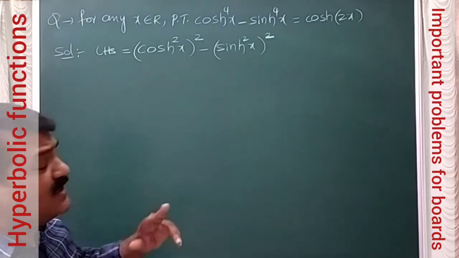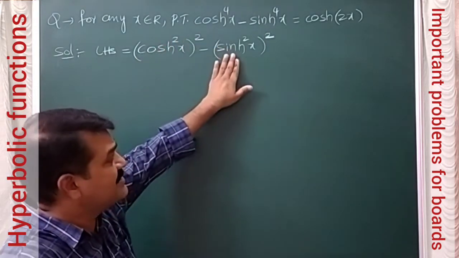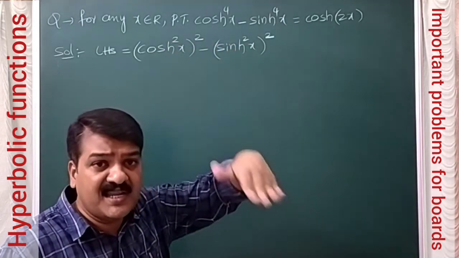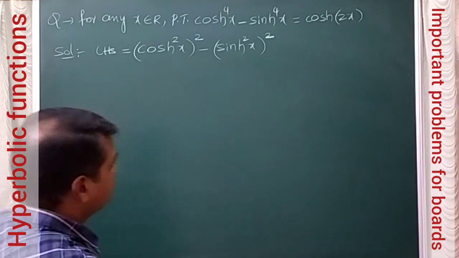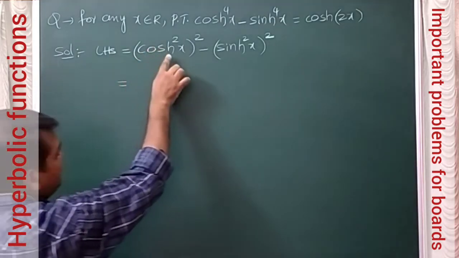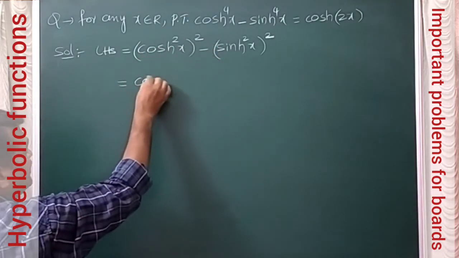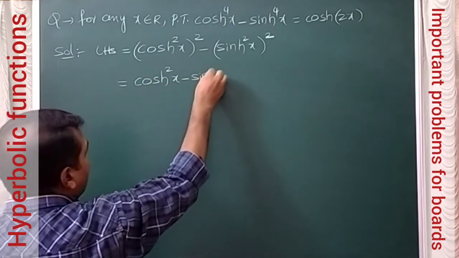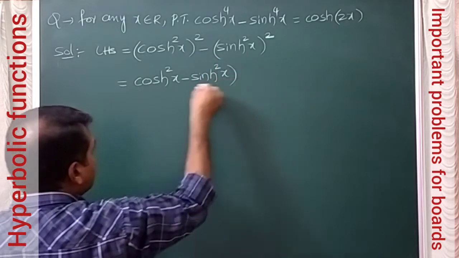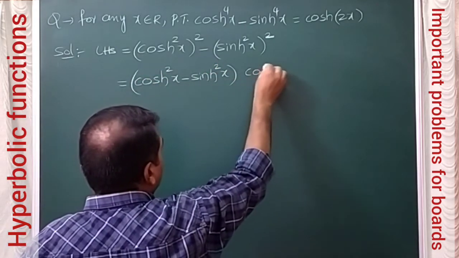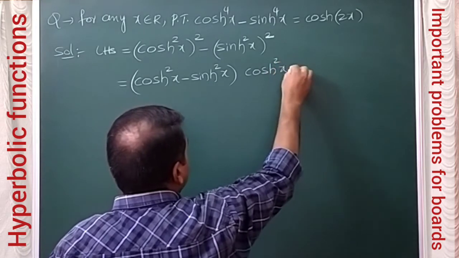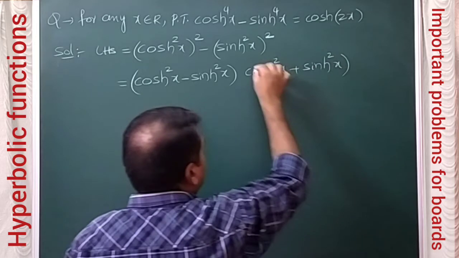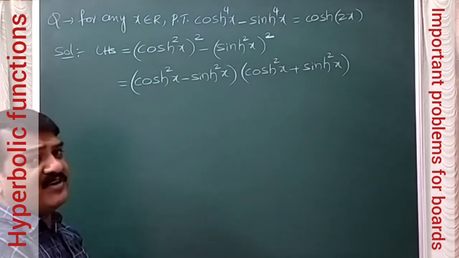Now clearly this is in the form of a square minus b square. A square minus b square we know can be written as (a minus b) into (a plus b). So therefore this is a square minus b square form, which we can write as (cos h square x minus sin h square x) into (cos h square x plus sin h square x). Now both these are standard formulas actually.